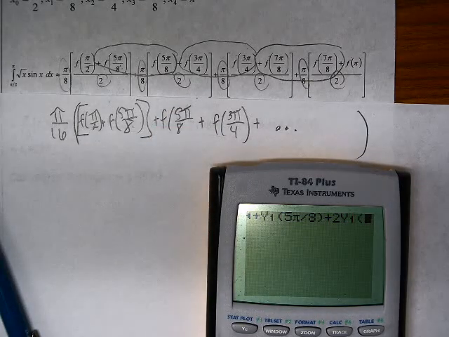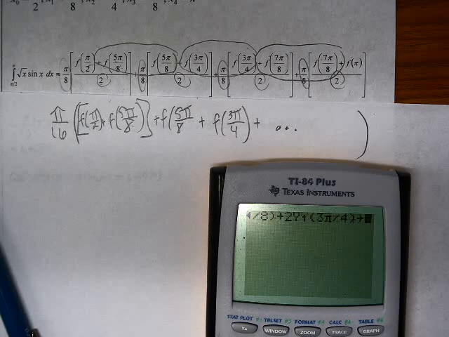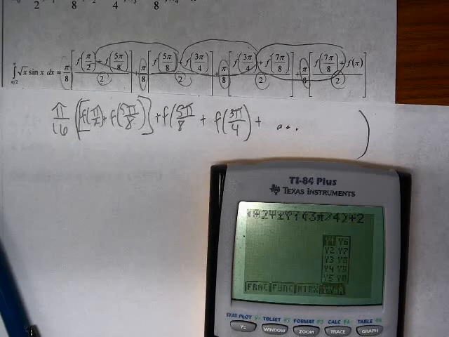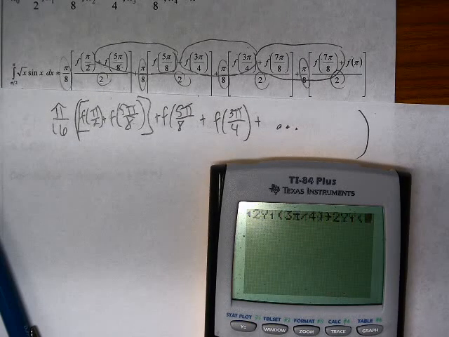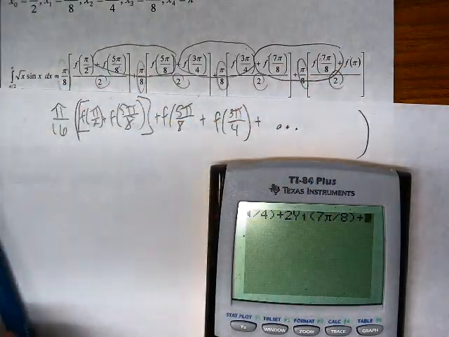f of 3 pi over 4 plus 2 times f of 7 pi over 8. Now there's just one f of pi.